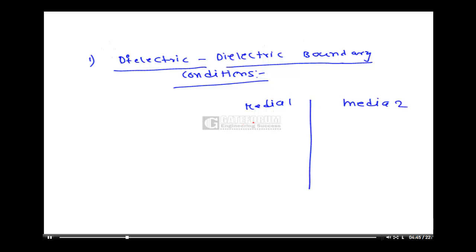This is a dielectric with the properties epsilon 1, mu 1. This medium is also a dielectric with the properties epsilon 2, mu 2. Then what are the boundary conditions? Suppose this is the electric field in dielectric medium 1, and this is the electric field in dielectric medium 2.